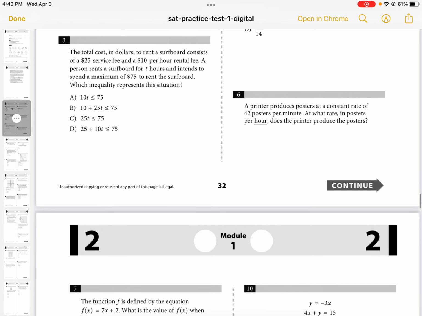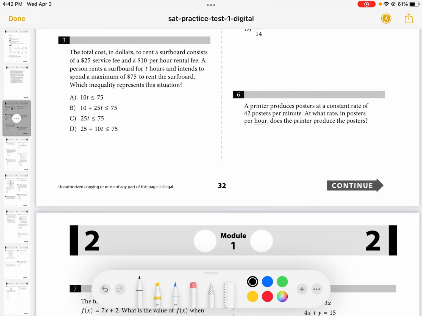The total cost in dollars to rent a surfboard consists of a $25 service fee and a $10 per hour rental fee. A person rents a surfboard for t hours and intends to spend a maximum of $75 to rent the surfboard. Which inequality represents this situation? So it's a $10 per hour rental fee.